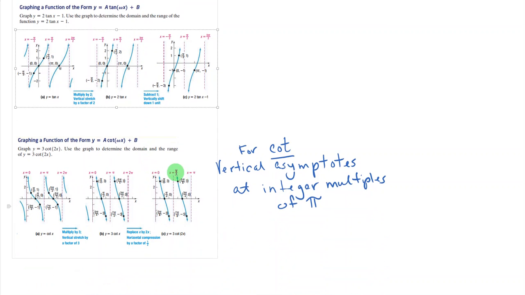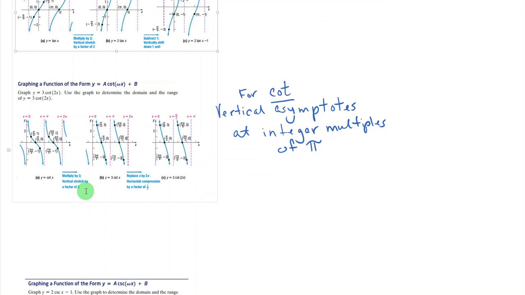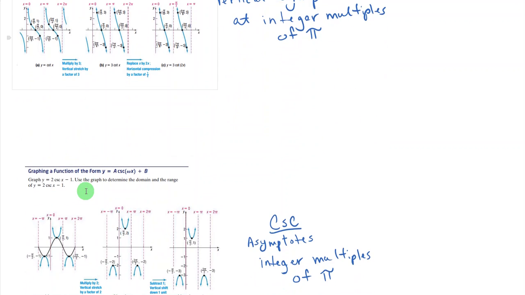Now, for cotan, you can see tangent goes from left and goes up to the right. This goes falling from left to right. So cotan is falling instead of rising. And you can tell that the domain and the range are a little bit different.